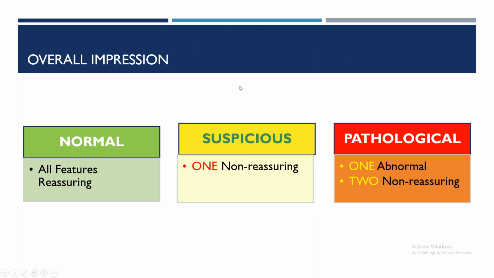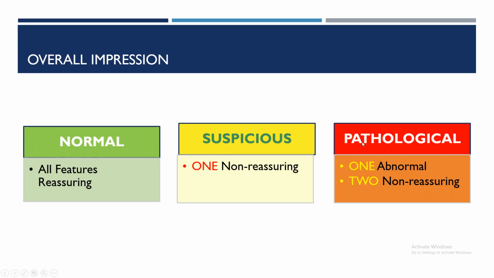So first make this concept very clear: how you are going to classify the CTG and how you are going to classify the individual feature of the CTG. When interpreting the overall CTG, when all features are reassuring, it is called a normal CTG. When there is one non-reassuring feature, the CTG becomes suspicious.